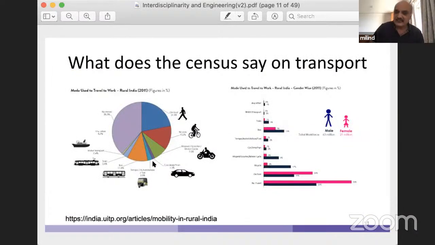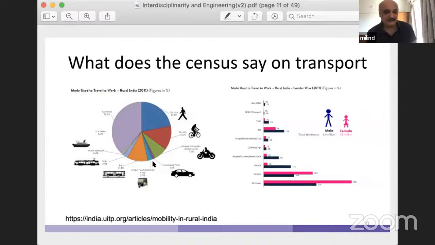The first thing is, how do rural people go to work? About 30% to 40% don't go anywhere; they're working from home. About 22% actually walk. That covers about 60% of us who either walk to work or don't travel at all.